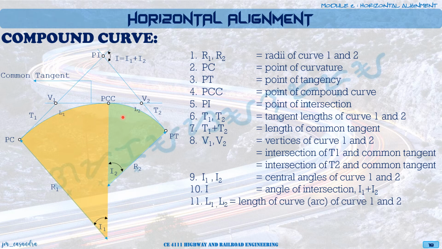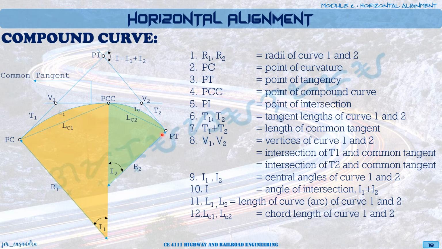Then we have our L1 and L2, which are the arc length, or the curve length, of curve 1, and the arc length, or length of curve 2.